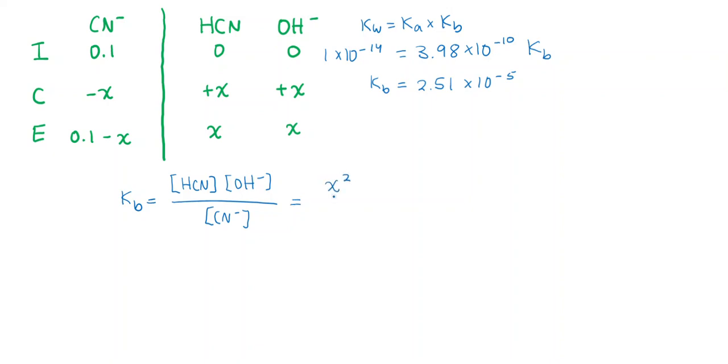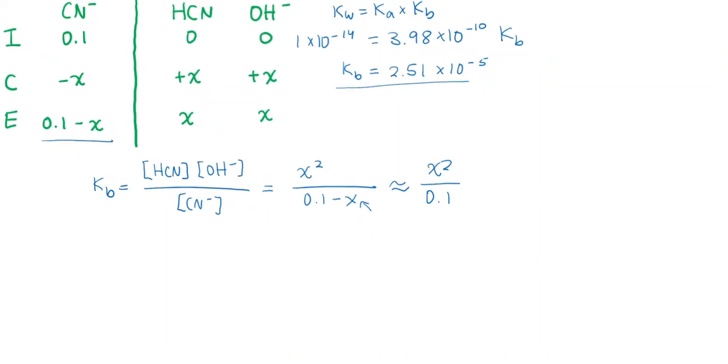This would be x squared over this, so 0.1 minus x. And then because of the 5% rule, we can also just write this as just over 0.1, because we're assuming that this x is so small that it pretty much doesn't matter to our calculation.